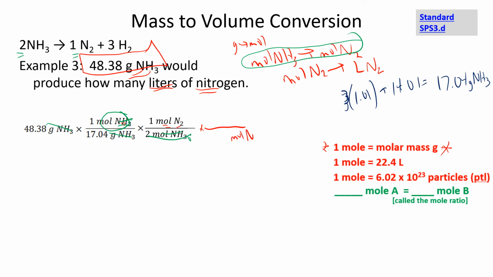I'm getting rid of moles of nitrogen, and I'm going to liters of nitrogen. So if liters is on top, according to my second relationship, 22.4 must be on top. If moles on bottom, it's got to be 1 mole.